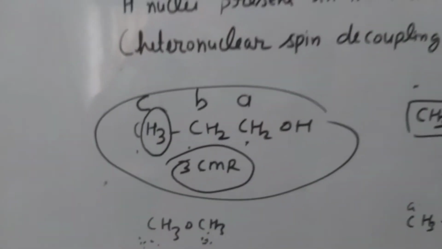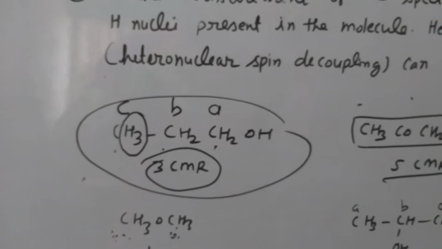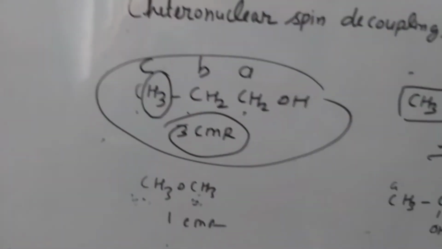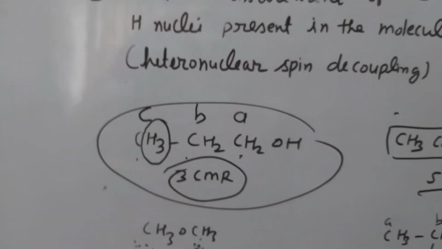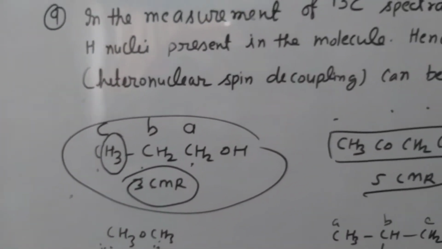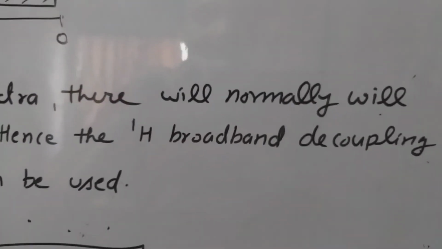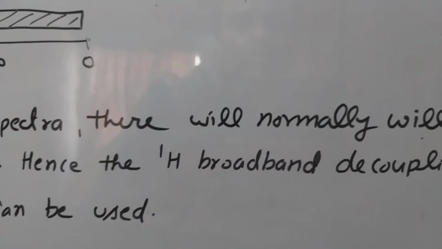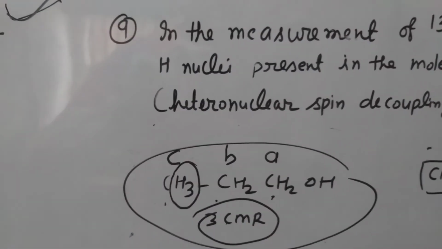There is always a probability of coupling between the carbon 13 and hydrogen, and in order to simplify the carbon 13 CMR spectra, we use the technique known as 1H broadband decoupling or proton decoupling, or we can also call it heteronuclear spin decoupling.